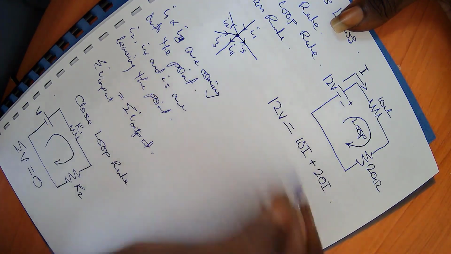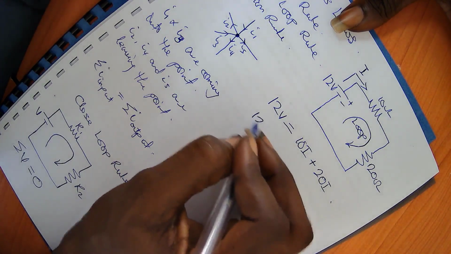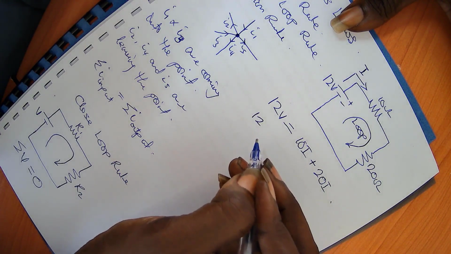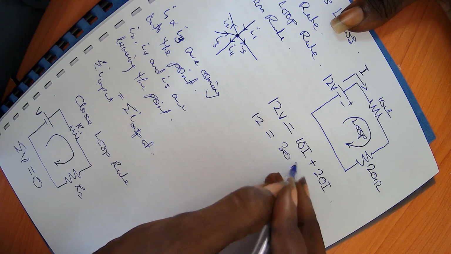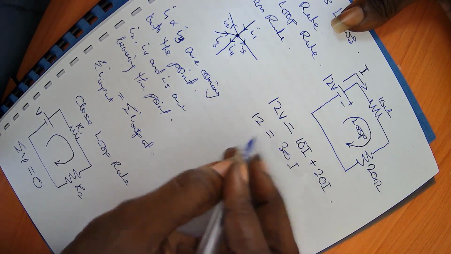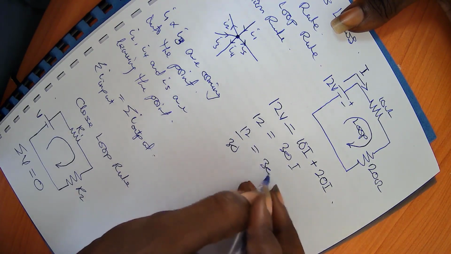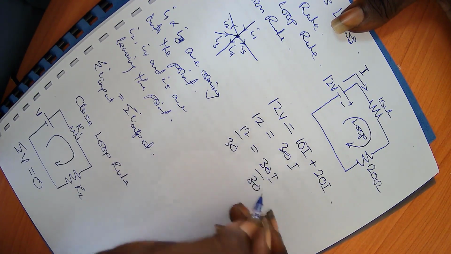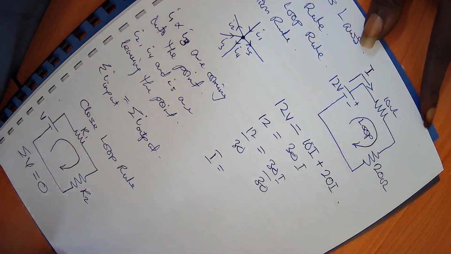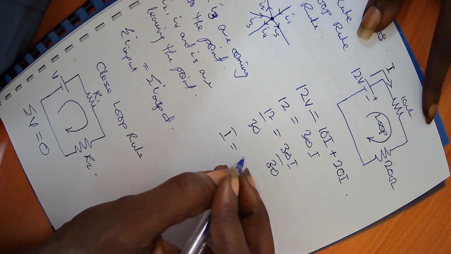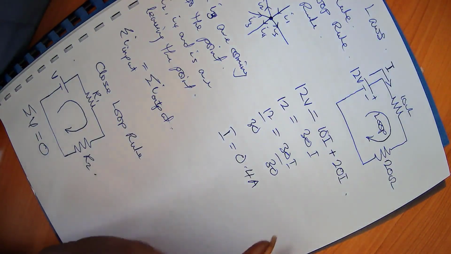So 12 is equal to 30I. In that case, I divide by 30, so I is equal to 0.4 amps. So we got I to be 0.4 amps.